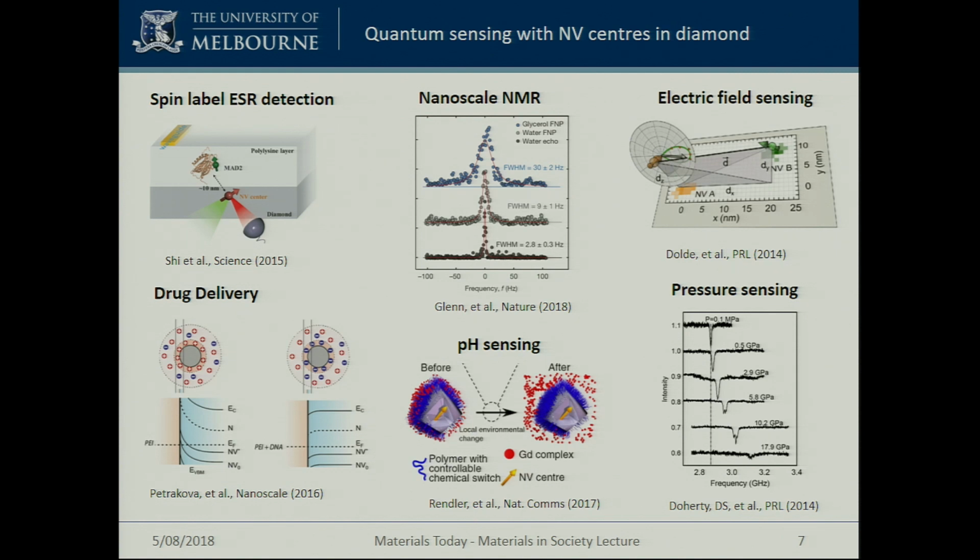Others have done electric field sensing, drug delivery, pH sensing, and pressure sensing. So all of these modalities are possible with just this single quantum system. And we can tune this quantum system to address any one of these criteria that we like. So it's a very versatile system to probe interesting properties in biology.